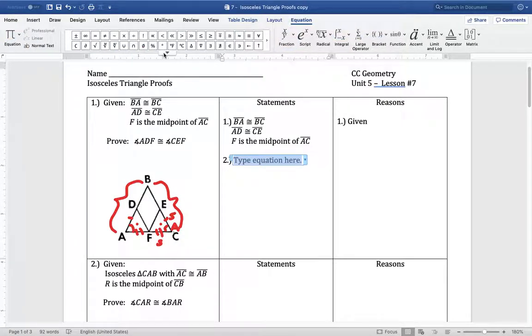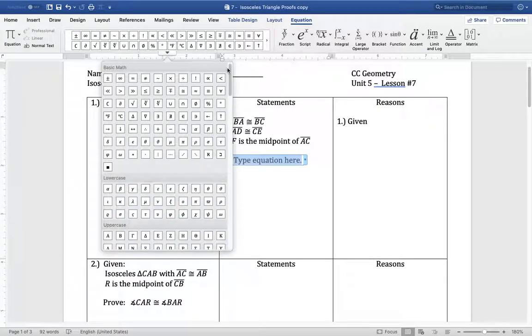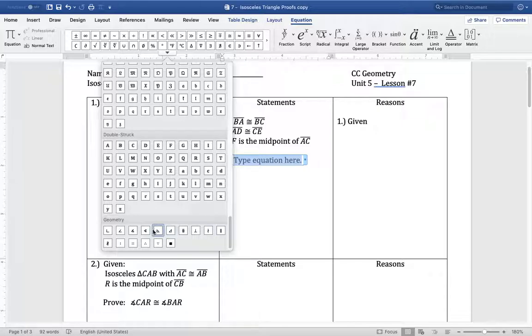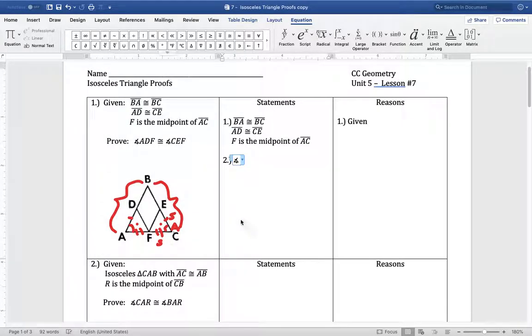All right, let me just get down here to my symbolic stuff. Okay, we have angle A is congruent to angle C. So I'll just copy this.